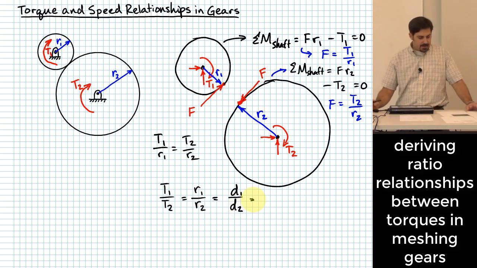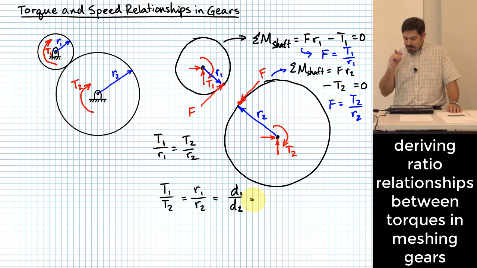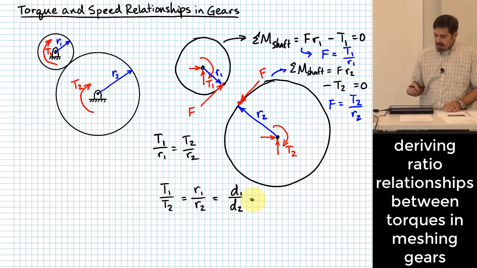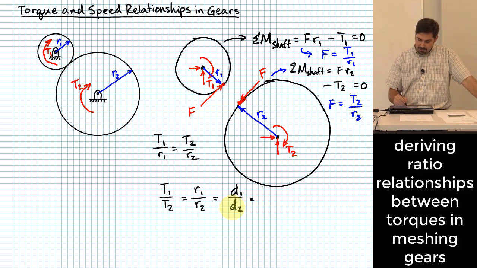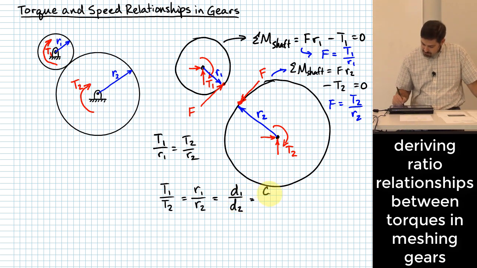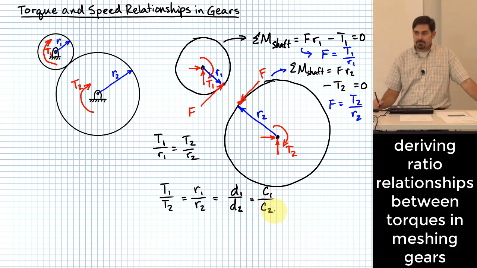Okay? Now, let me ask you this. Do diameters relate in some way to circumference? How does that work? Yeah, I could multiply numerator and denominator each by pi, and then what I would have is the circumference of 1 over the circumference of 2. Okay?